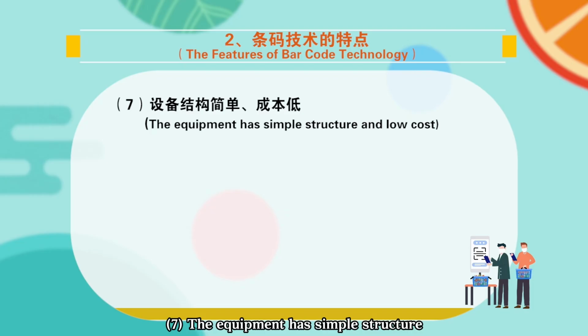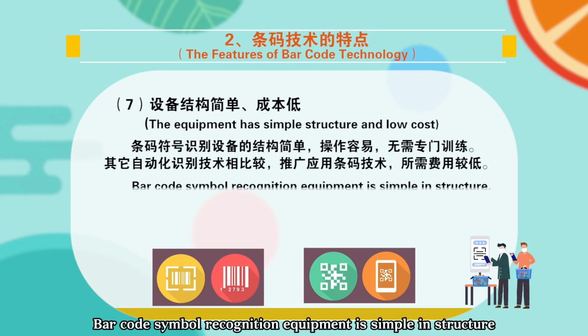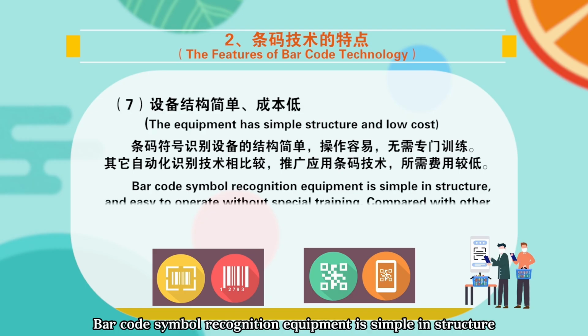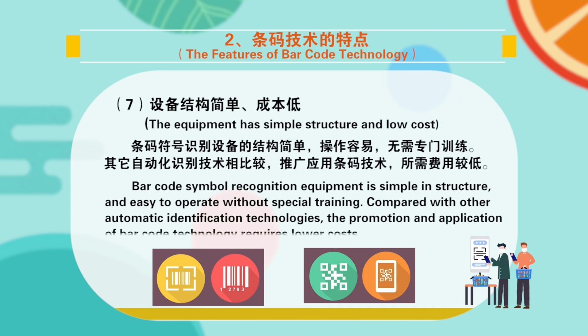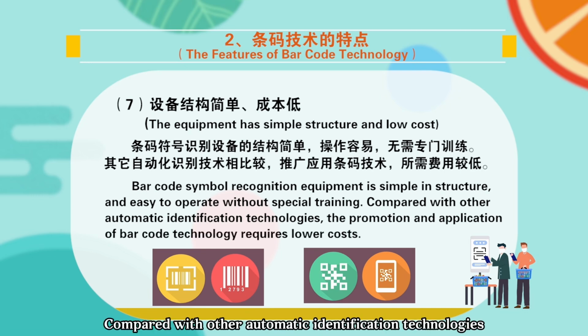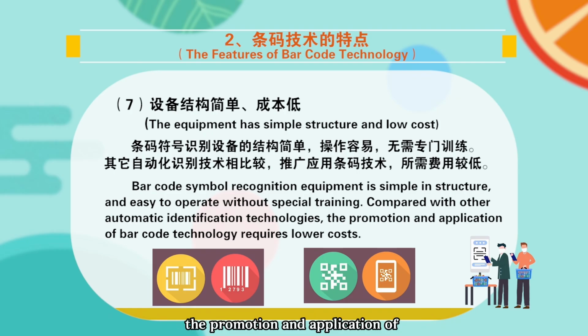The equipment has simple structure and low cost. Barcode symbol recognition equipment is simple in structure and easy to operate without special training. Compared with other automatic identification technologies, the promotion and application of barcode technology requires lower costs.